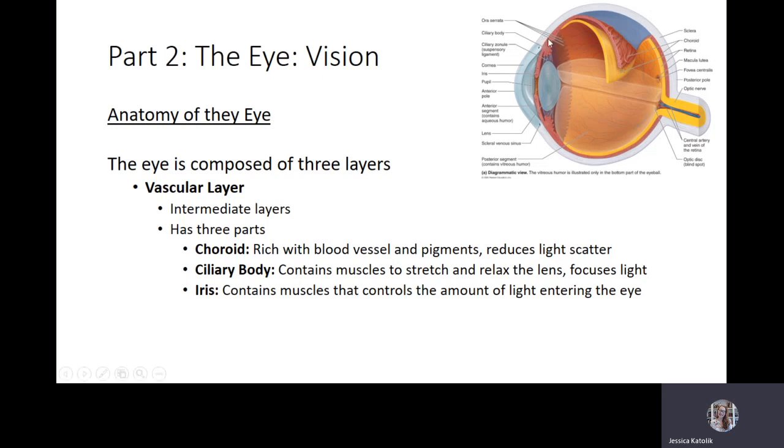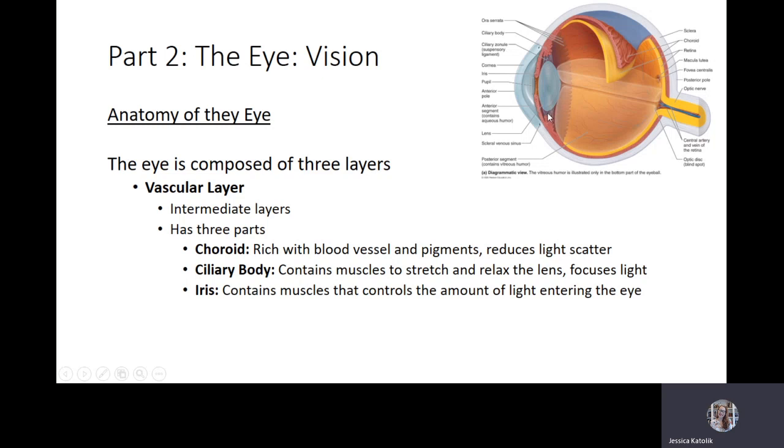The other structure over here is called the ciliary body. You may see it almost looks like flower petals going across the surface of the eye here, and it will actually extend up here. The ciliary body is important because it contains ciliary muscles. These muscles attach to the lens using the ciliary zonules, or what are also called suspensory ligaments.